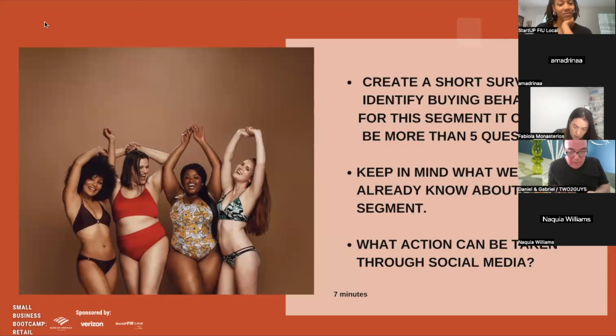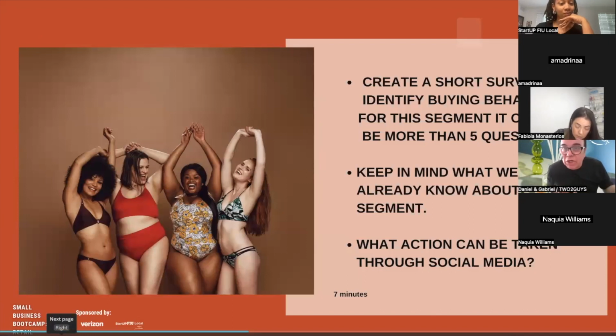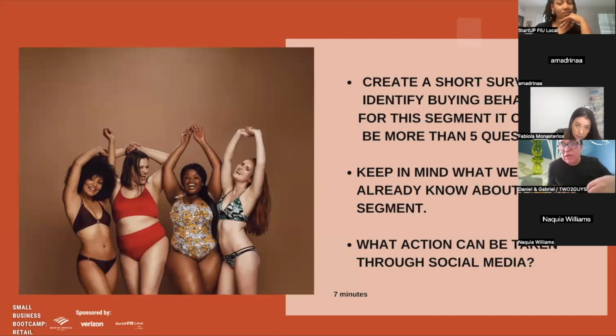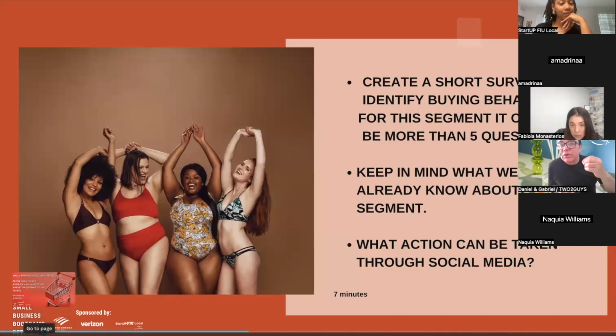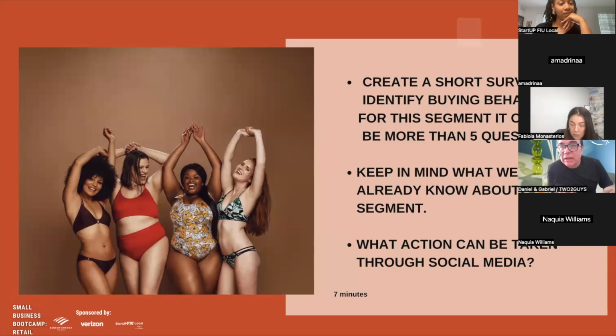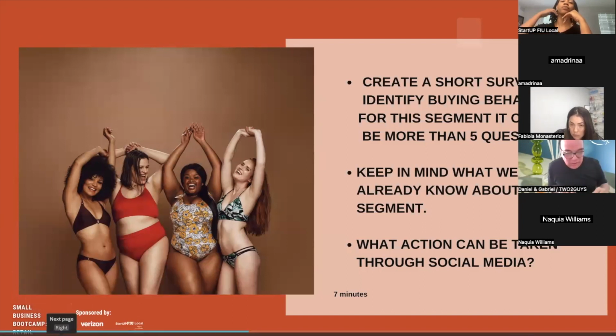Also, if they like different colors, like following the Pantone color of every year. If they like more solid colors or patterns or stripes or prints, what type of print they like. If they like flowers.